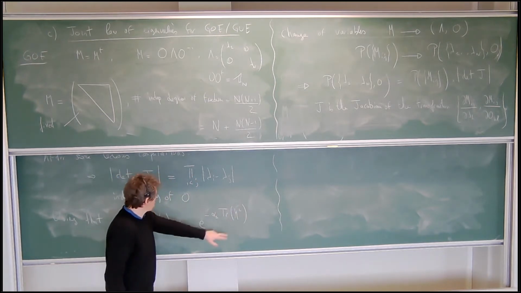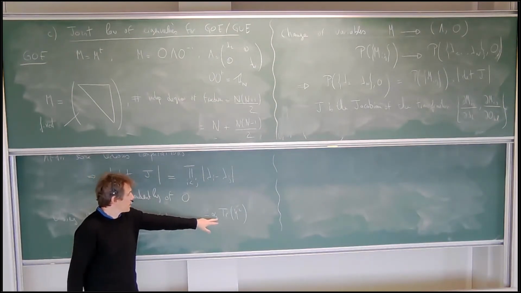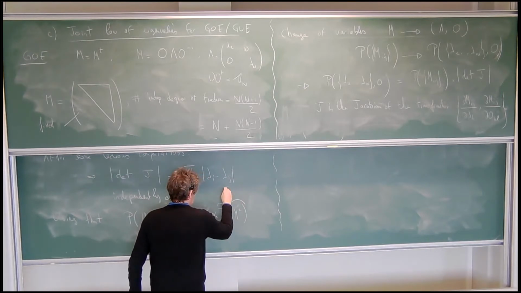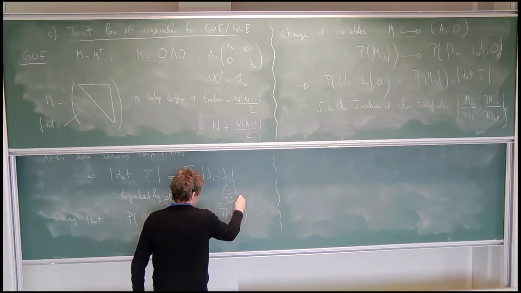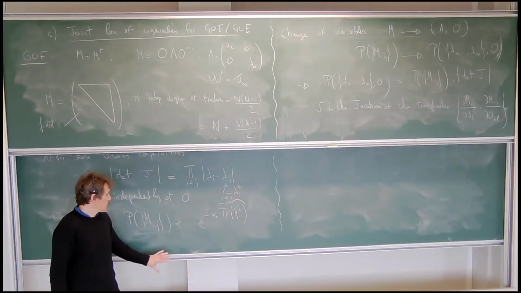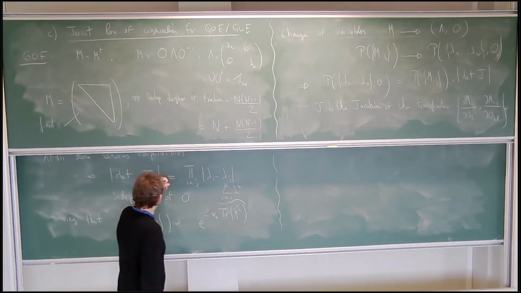But trace of m squared is very simply expressed in terms of the lambda i's, okay? Because this is just the sum from i equal 1 to n of lambda i squared, okay?